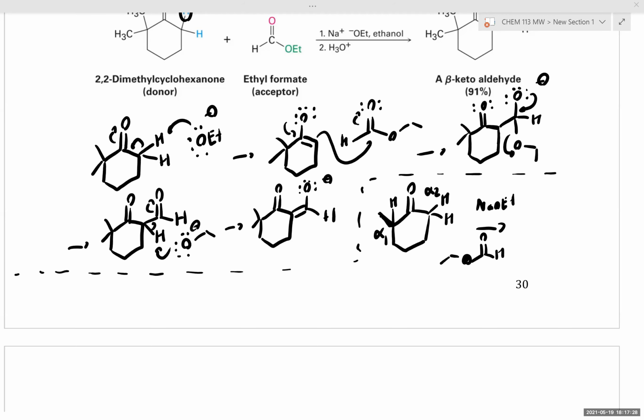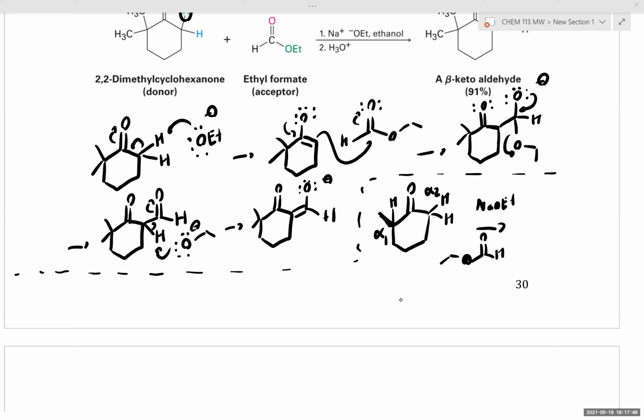Let's think about this example for a moment, and I'd like us to propose in the chat which of these two alpha positions is more reactive. Which of these two alpha positions can productively react in a Claisen condensation?